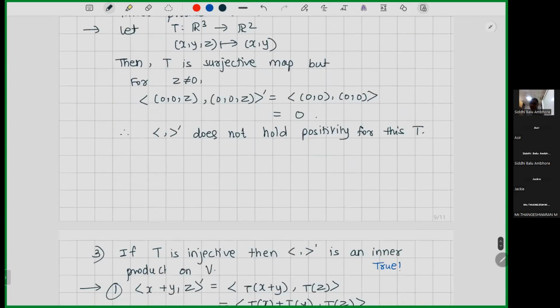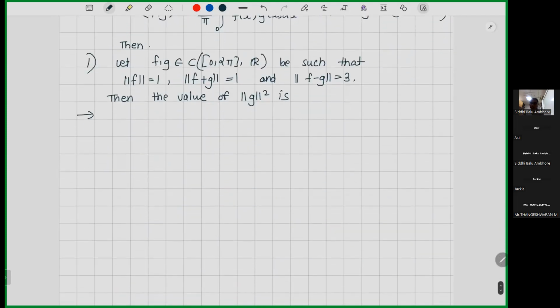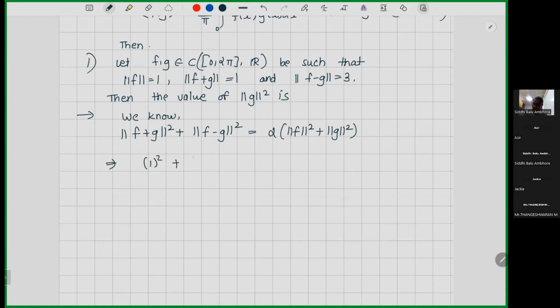And here also they have talked about the norm of f, norm of g, norm of f plus g, and norm of f minus g. So we will use that identity: norm of f plus g squared plus norm of f minus g squared is equal to 2 times norm f squared plus norm g squared. So the norm of f plus g is given to be 1, so this is 1 squared. The norm of f minus g is 3 squared. 2 into norm f is 1 squared plus norm g squared, which is asked.